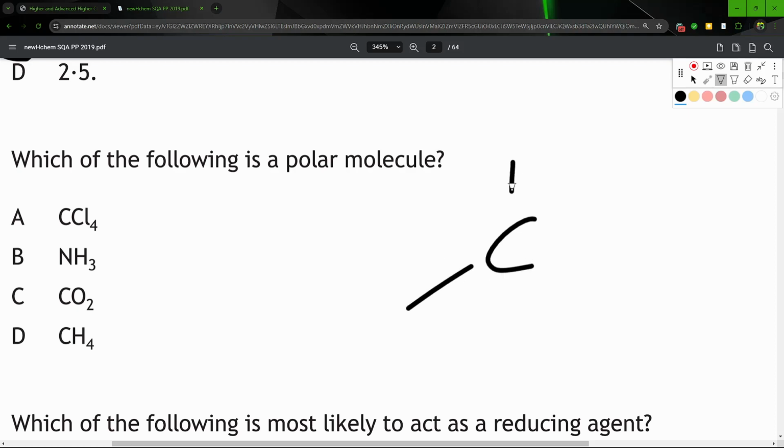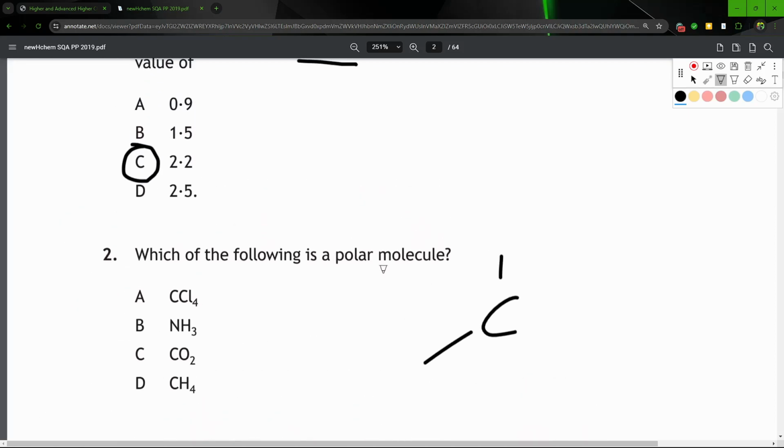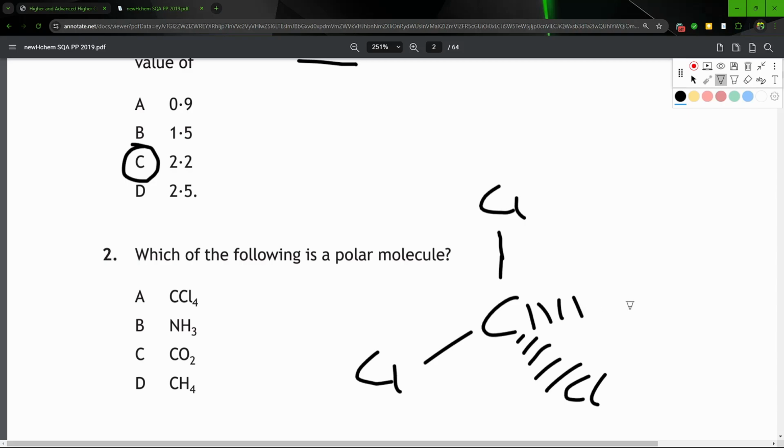I think this would have a tetrahedral structure. I can't remember the exact name. But whenever we have 4 bonds to a carbon, what we actually get is stuff that looks like this.